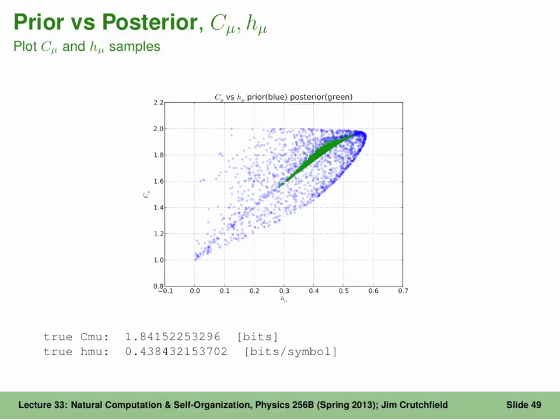I just took the samples, and each time the start state was potentially different. It would have to be A or D, but it was giving me these values. And so it's giving me the right value, basically 1.84 is the right one, and 0.438 is that. And if you give it 2,000 samples instead, you end up getting something that's even more sharply peaked. And so that's my last slide.